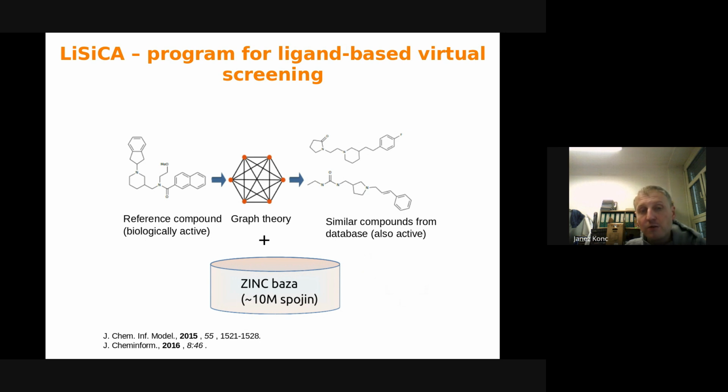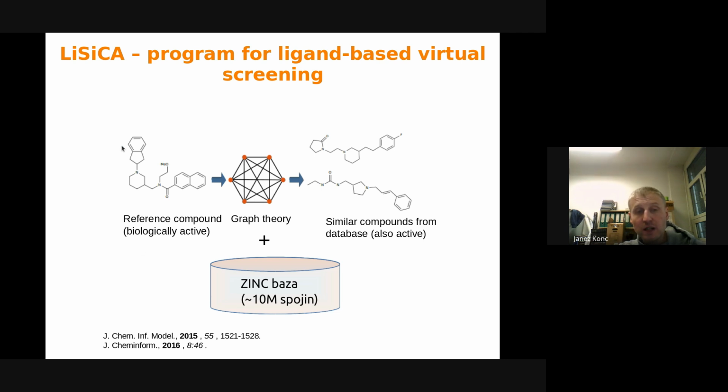So I'm going to go through our Lisica algorithm, the program for ligand-based virtual screening, now. You start with basically a reference compound. This is a biologically active compound, a small molecule. There are different ways to implement this similarity search.